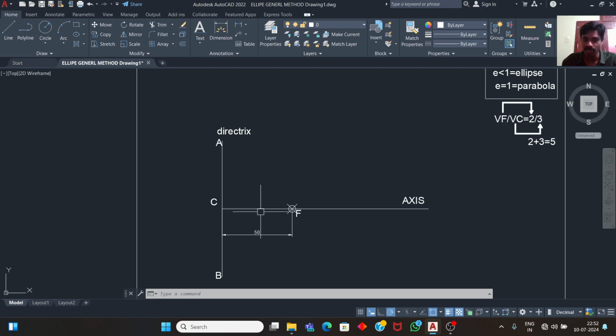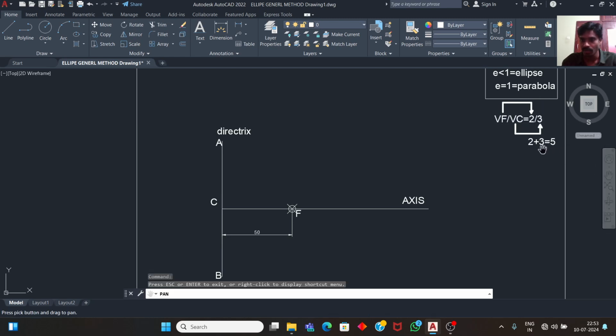First of all, we need to divide this line into five equal parts. Why? Because the eccentricity value is given, that is 2 by 3, 2 plus 3, we have 5 parts. Total 5 parts, we need to divide this line. This distance is 50, so each and every part will be 10 mm.